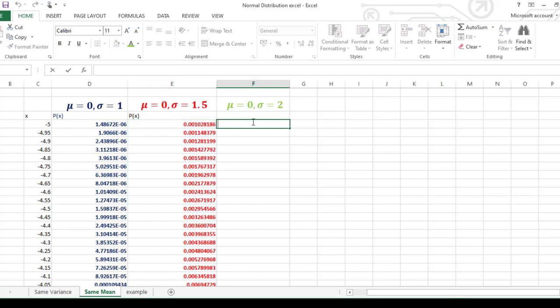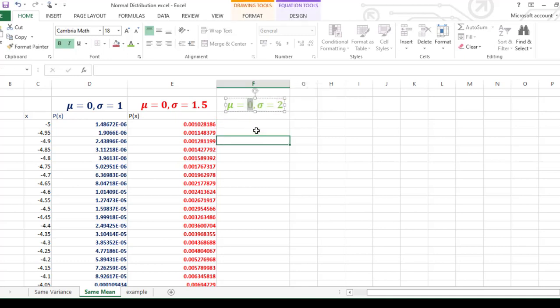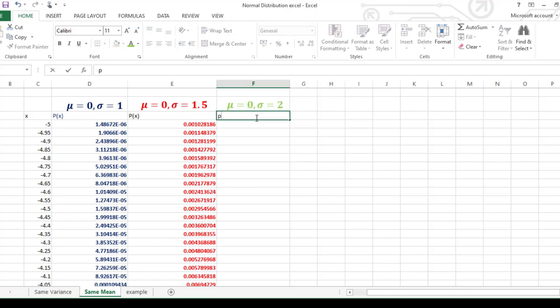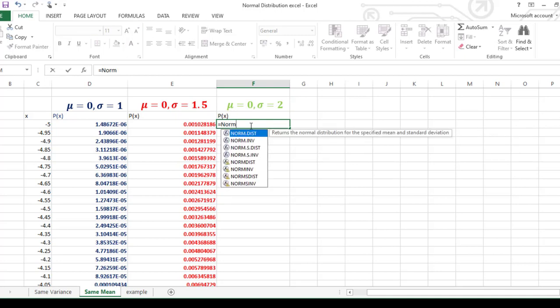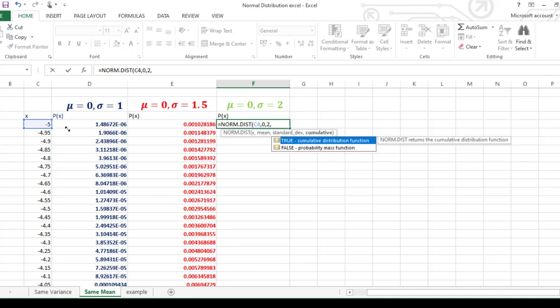Now for the third case, mean would be 0 and standard deviation would be 2, false.